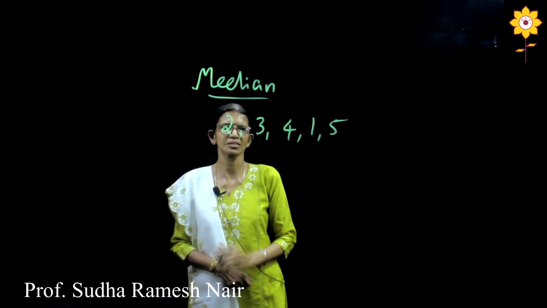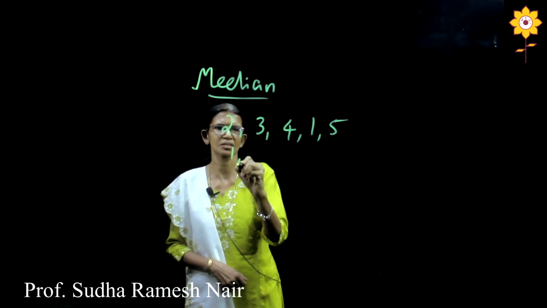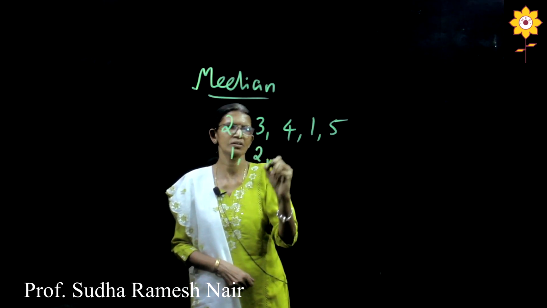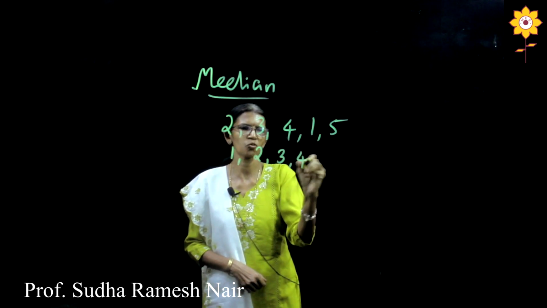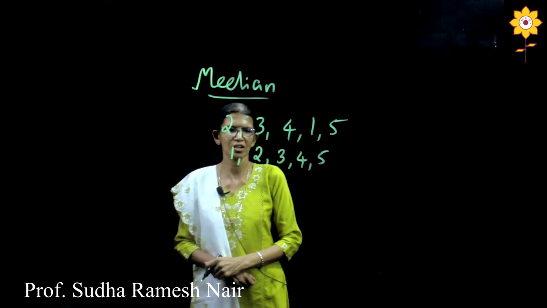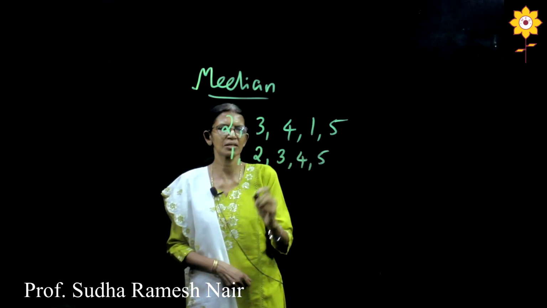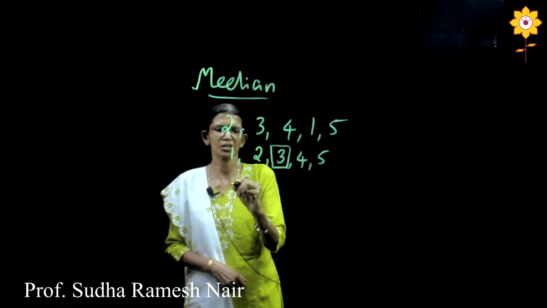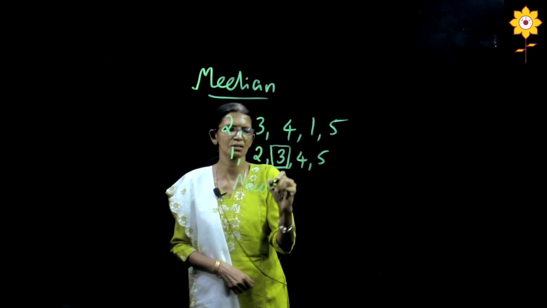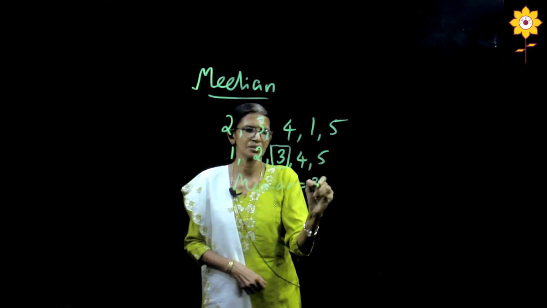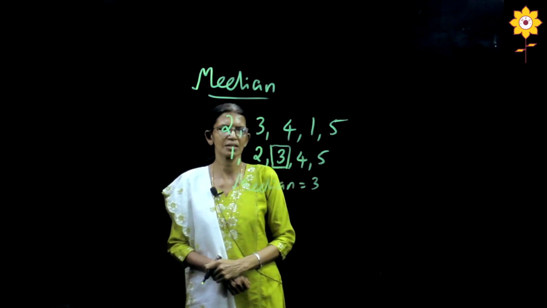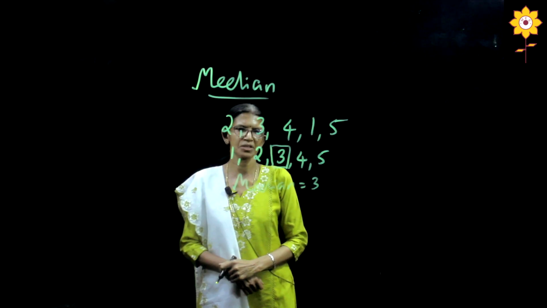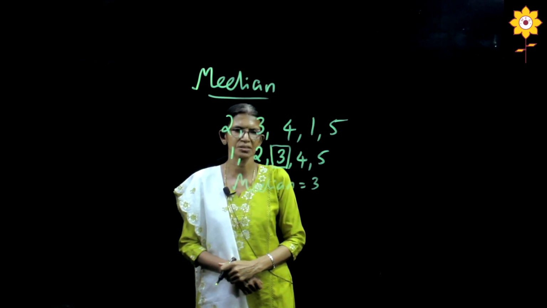Here I am arranging these observations in ascending order, that is 1, 2, 3, 4 and 5. There are 5 observations. Then median is the middle value of the observation, that is 3. Median of these observations is 3. That is, when there are odd number of observations, then median is the middle value of the observations.